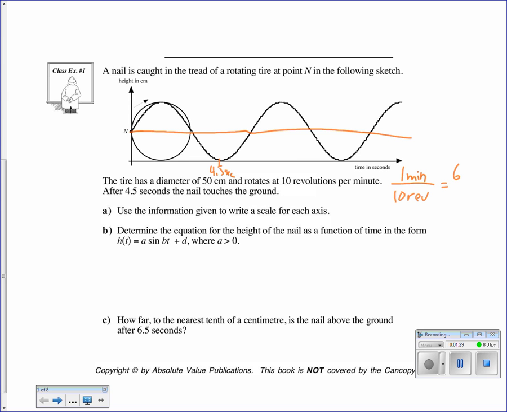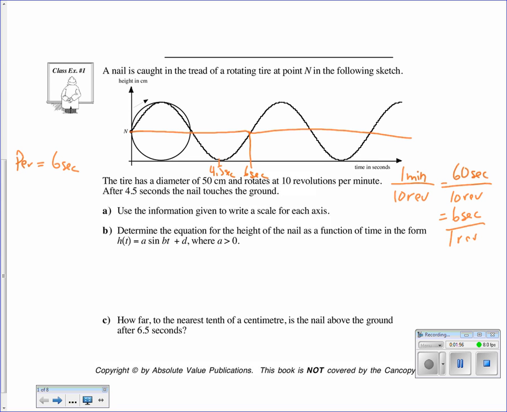Well, first of all, I need to get to 60 seconds. So 60 seconds does 10 revolutions. 60 divided by 10 means it takes 6 seconds to do one revolution, which is going to help me find the end of my graph period. That's 6 seconds. So period is equal to 6 seconds.